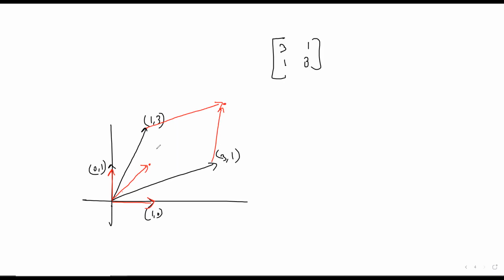Can you repeat the last line? Yes. Whether you take the sum first and output later, or output first and sum later, it doesn't make a difference. What I'm saying is that you take these inputs and add them, and see what is the output of this input; you can check in the matrix. I am claiming that it will be this point, because this point is the sum of the outputs.